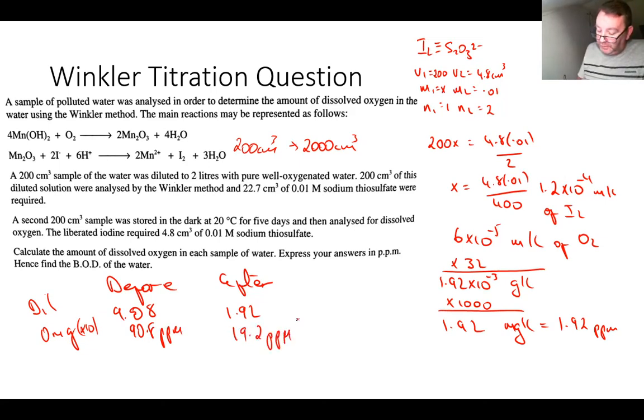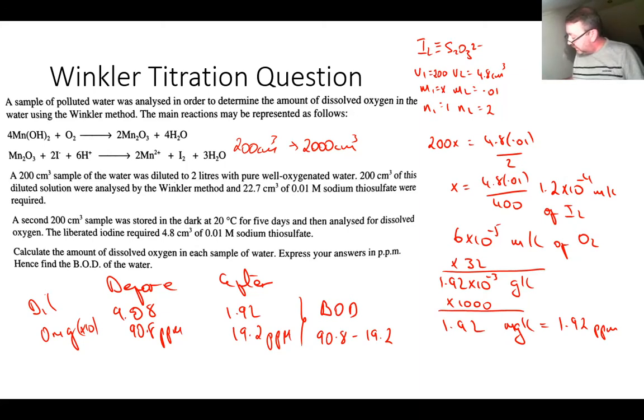So what's the demand for oxygen? The BOD, the biochemical oxygen demand, is the 90.8 minus the 19.2. So we've got 90.8 minus the 19.2, which is 71.6 parts per million.